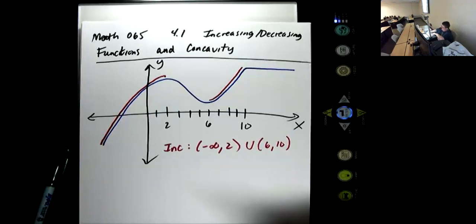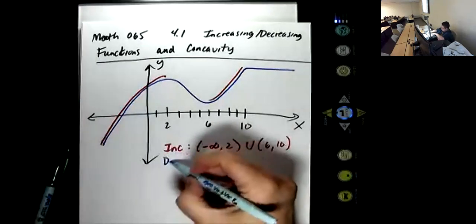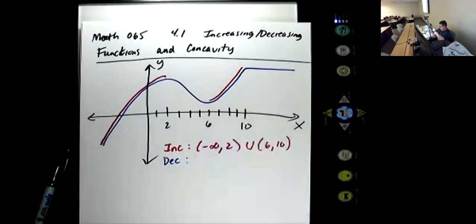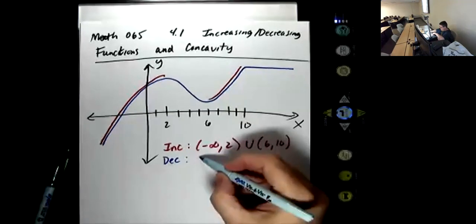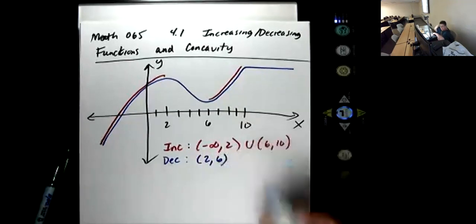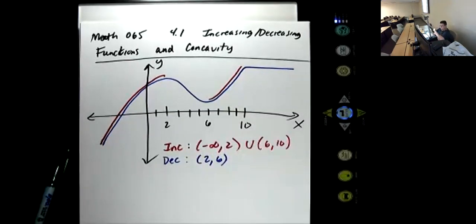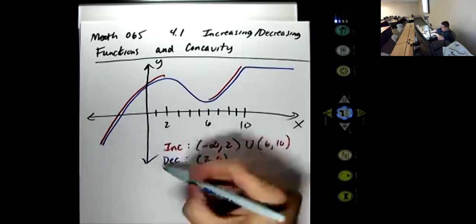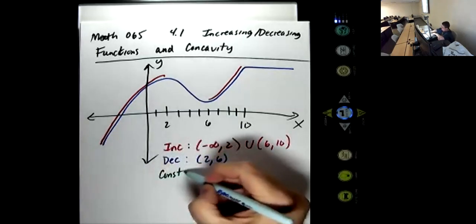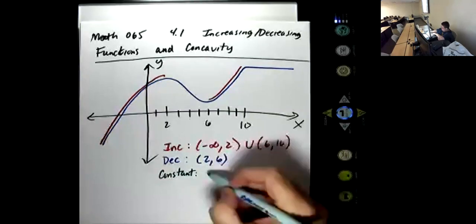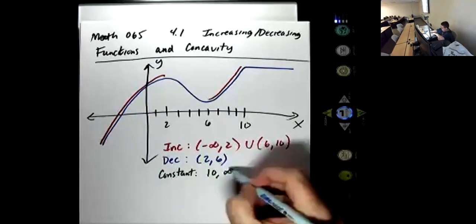We have the function is decreasing. Well, it looks like it's going downward between 2 and 6. And then regions where it's constant, where it's neither increasing or decreasing, 10 to infinity.